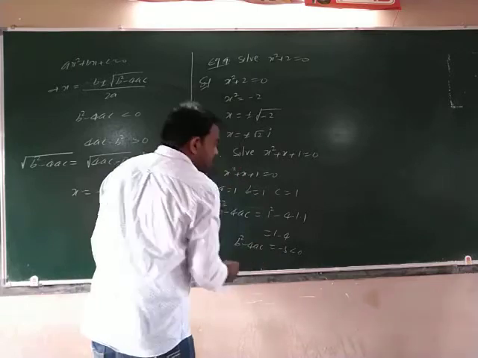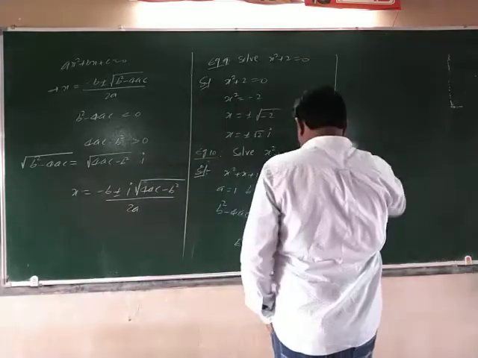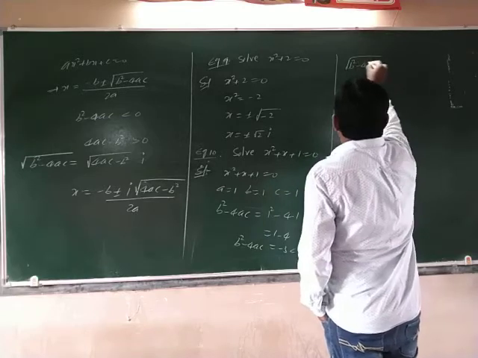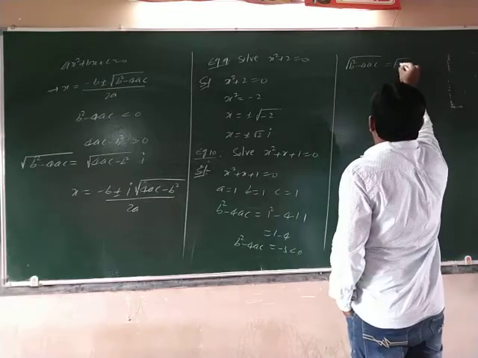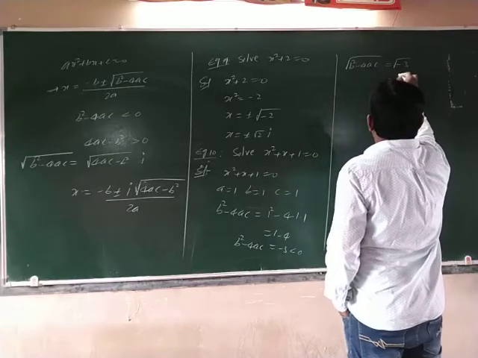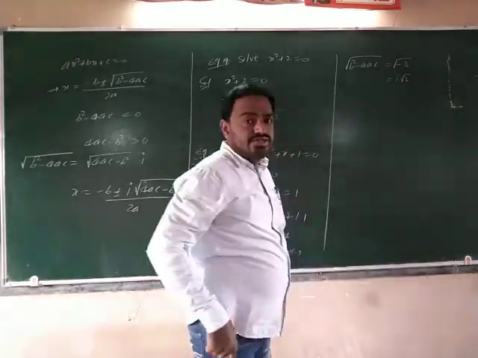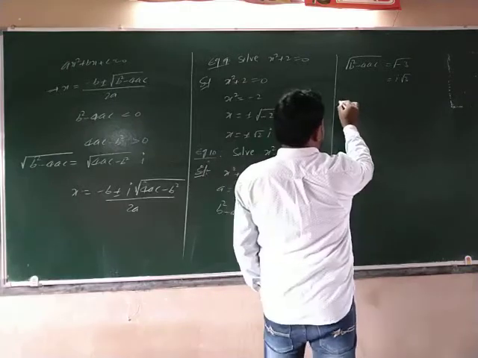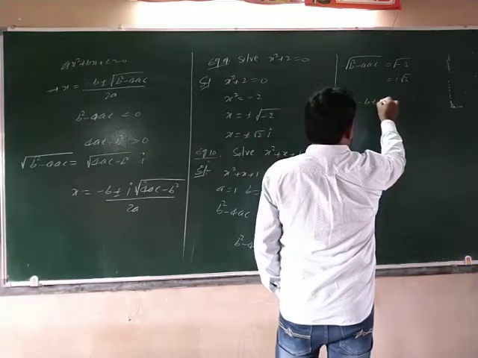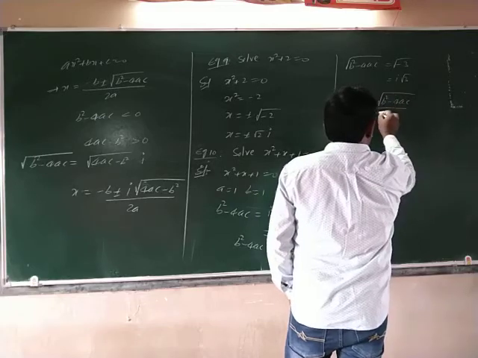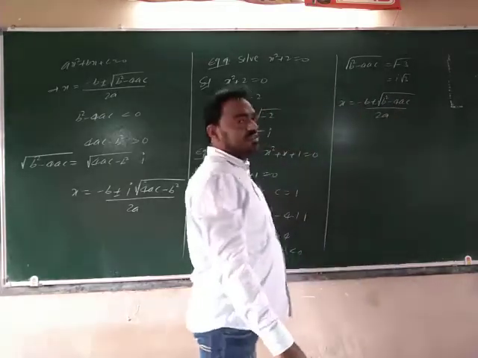Now √(b² − 4ac) = √(−3) = i√3. What are the roots? x = (−b ± √(b² − 4ac)) / 2a is the formula.